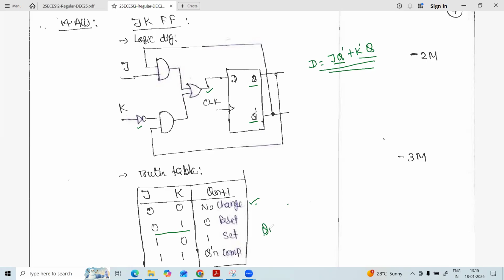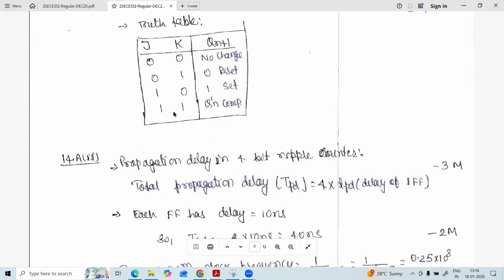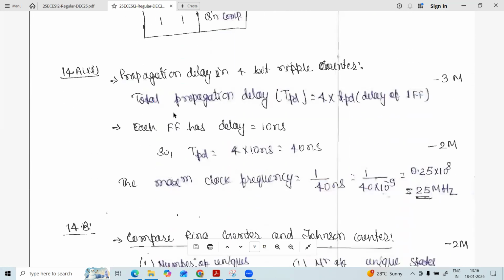If Qn is 0, Qn plus 1 will become 1. If Qn is 1, Qn plus 1 will become 0. So it is going to toggle, and we always get the complemented outputs. This was the problem in case of the SR flip-flop when both inputs are 1, and we overcome that here in the JK flip-flop. Later we will also discuss the race around condition.